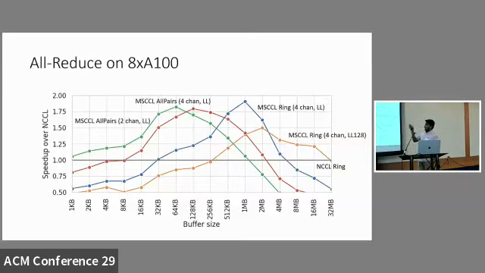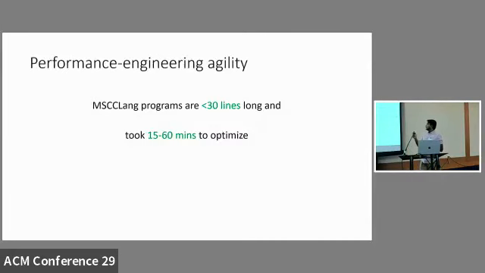There's an algorithm called all pairs, which is more latency optimal, and again, making different implementation choices, we get different performance curves. The point is that no single algorithm outperforms NCCL throughout, but by combining these different algorithms based on where your workload is, you can pick and choose what works for you. That's the advantage of MSCCL.